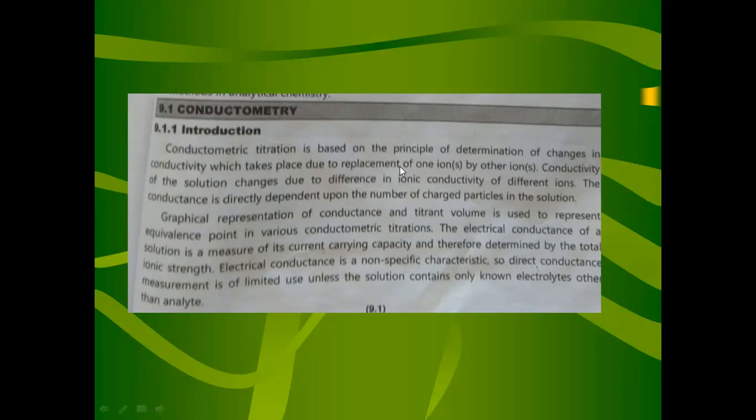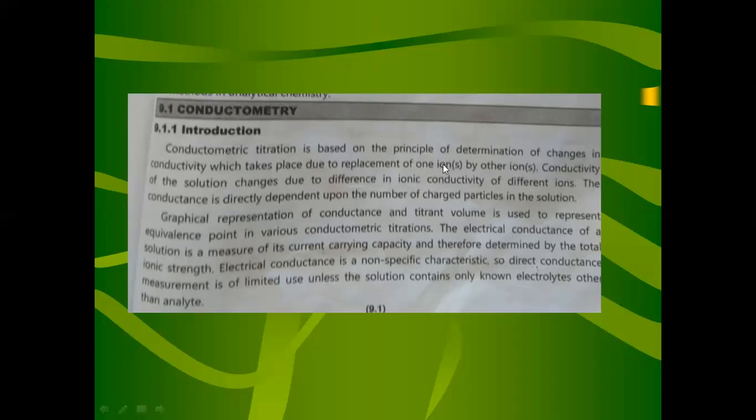See, in case of redox, we have seen one is reducing, another one will be oxidizing, so we studied them as a redox titration. But in the case of conductometry, due to the flow of electrons, these charged particles will be deposited, substituted, or replaced on the other electrode.